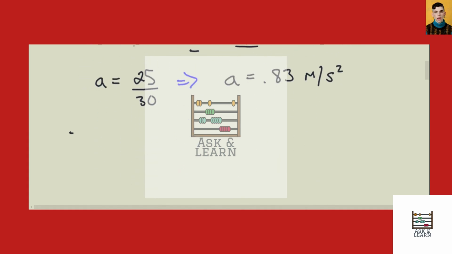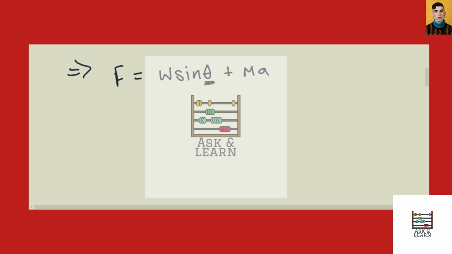So if we plug both in, we get F is equal to W sine theta plus ma. But we don't know the angle of this incline, but we're given a nice little triangle to find that angle.